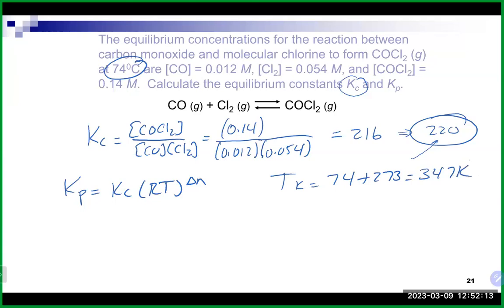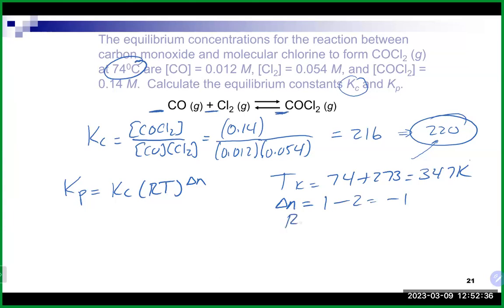We also want to figure out our delta n in this case, which is the number of moles of gases. On the right-hand side, the product side, we have one gas molecule, minus on the left-hand side, the reactant side, one gas molecule there and one more there makes 2. So that's going to be a -1 in terms of our delta n. Any questions on that there?